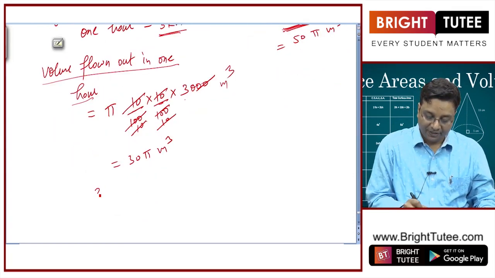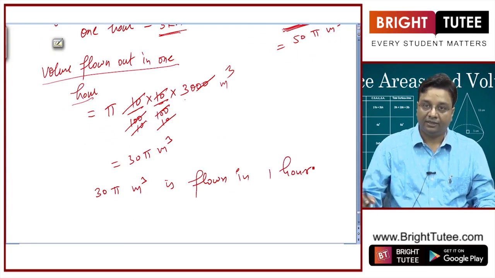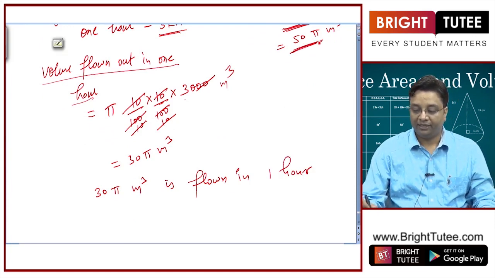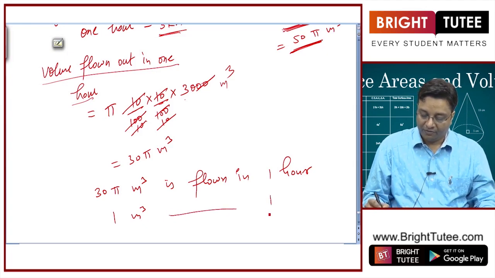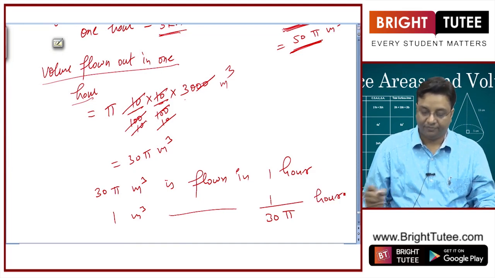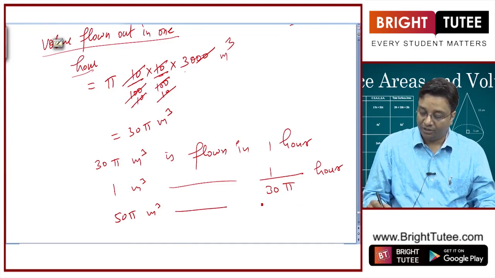So we can say 30 pi meter cube is flown in 1 hour, right? So you can calculate how much time it will take to fill a volume of 50 pi meter cubes. 1 meter cube will be flown out in 1 by 30 pi hour, right? And 50 pi meter cube will be flown out in 50 pi divided by 30 pi hours.